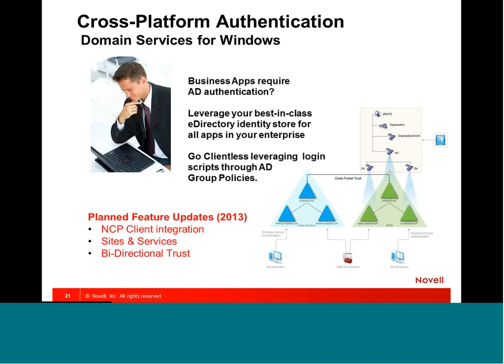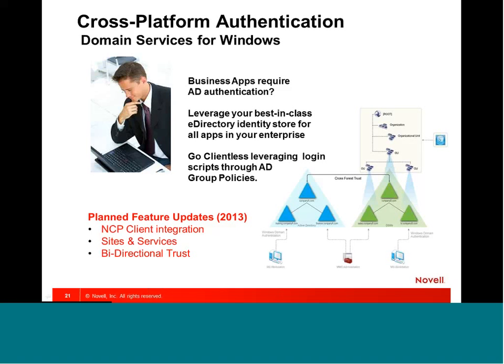Some people are using it with VDI implementations like VMware View. They don't want to buy Active Directory licenses, and they just use domain services for Windows as the Active Directory authentication mechanism. And a few things that we're looking at there is giving you the ability to have that fully supported with the NCP client.